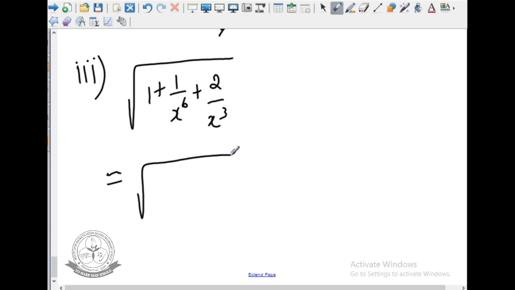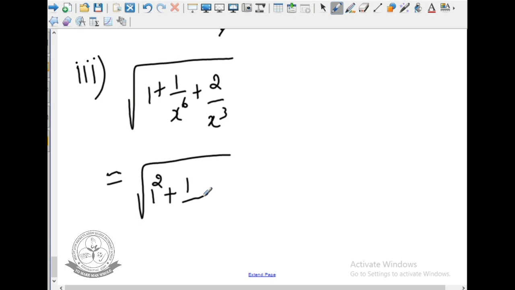That is 1 square, 1 is, we can write 1 square plus 1 by x power 6. So wherever we having 2, there only we having 2 into ab, right. So this is 1 is 1 square, 1 by x power 6 is, how can I split this one? 2 by x cube means there only I am having 2 into a into b.